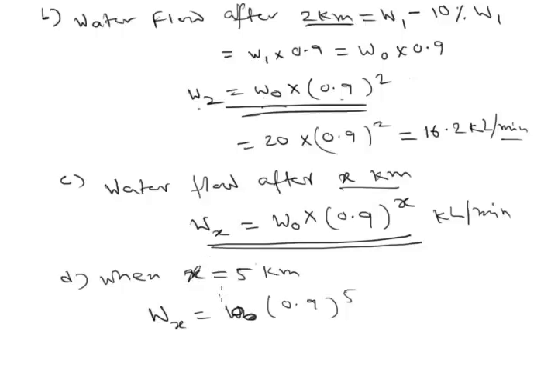If we do this calculation using a calculator, we will get 11.81 kiloliter per minute. Question E.